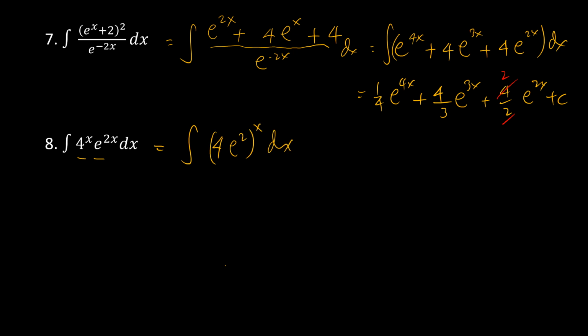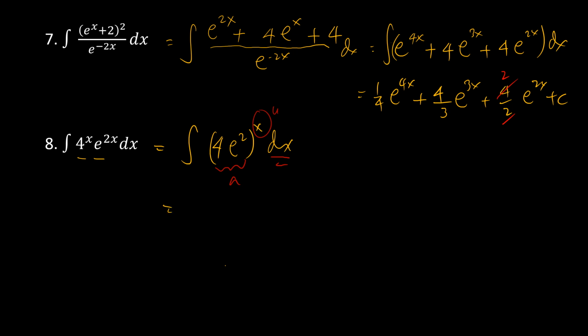So one of the rules about exponents. 4 raised to x times e squared or e raised to 2x is the same as 4e squared quantity raised to x. So your a here is 4e squared and your x is u, the differential is dx.